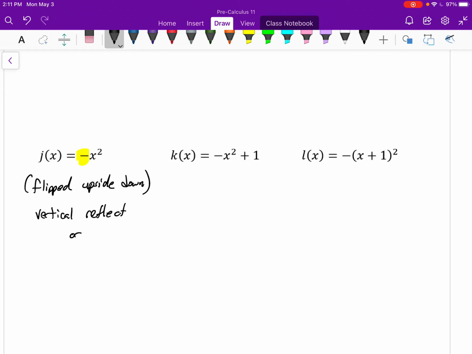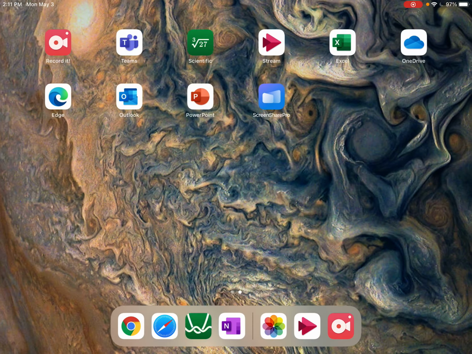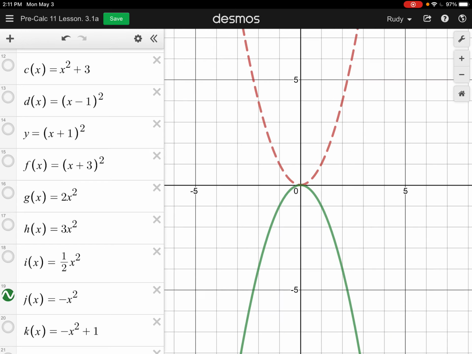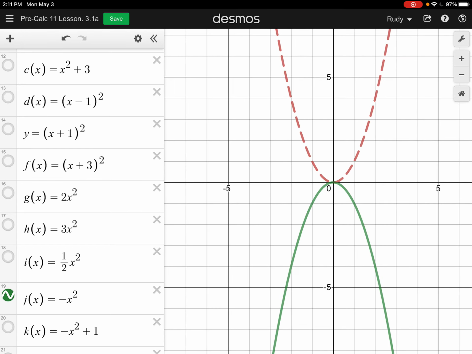Or you can say it's been reflected on the x-axis, which means, ooh, that's kind of messy writing. Which means, if I go back to Desmos here, if you imagine there being a mirror on the x-axis, these two are reflections of one another. I prefer the phrase vertical reflection because it's just less things to say than reflected on the x-axis, but they're equivalent.